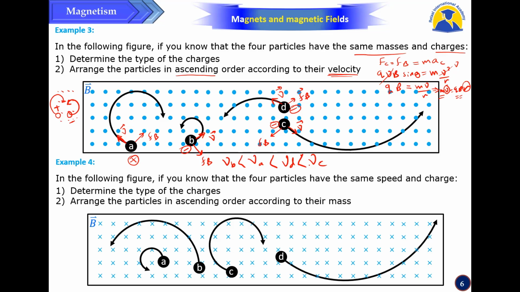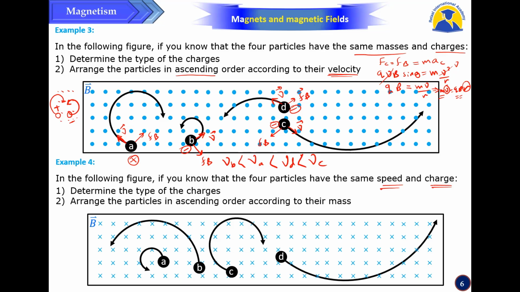Now, for example 4. In the following figure, if you know that the four particles have the same speed and charges, determine the type of the charges. The speed is the same, the charge is the same. Now determine the type of the charges.